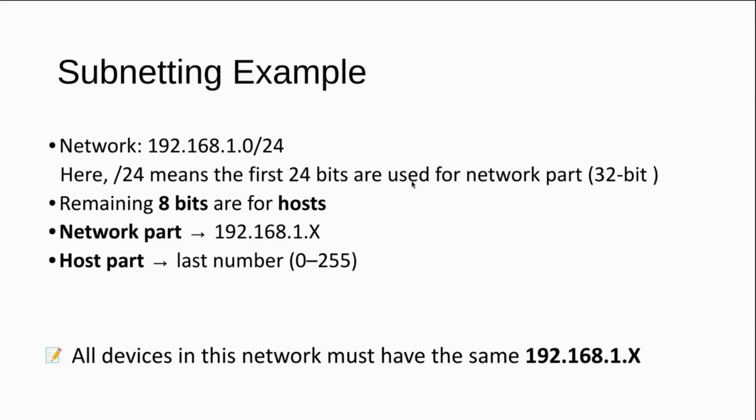And next, for example, a network address 192.168.1.0/24. Here the slash 24 means the first 24 bits of the 32 bits are used for the network part, and the remaining 8 bits are for the host. The network part is 192.168.1, and the host part is the last number, which identifies the device from 0 to 255.